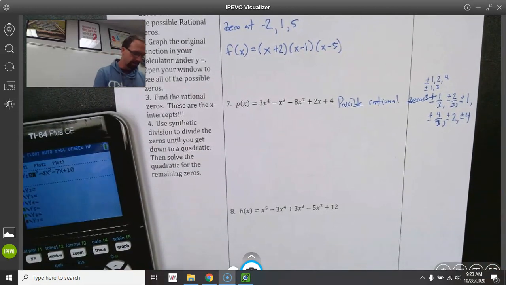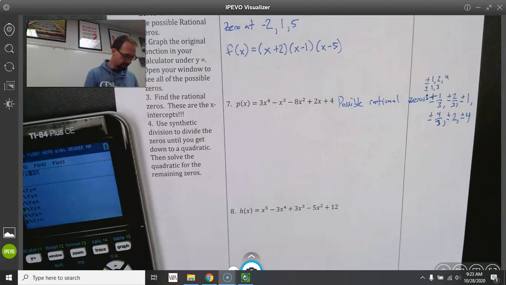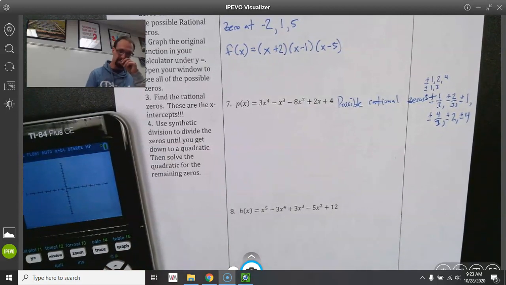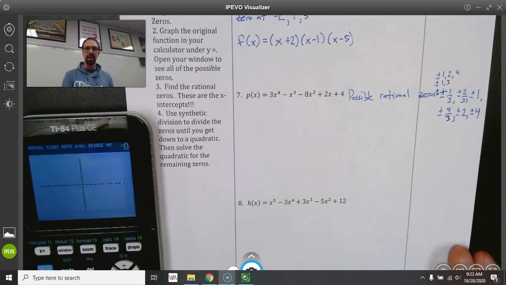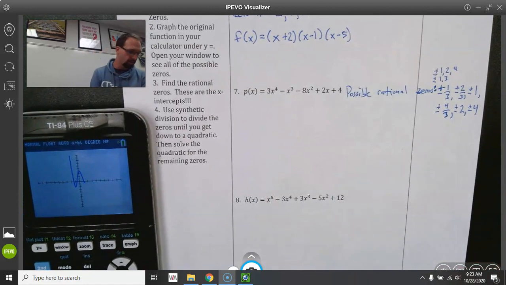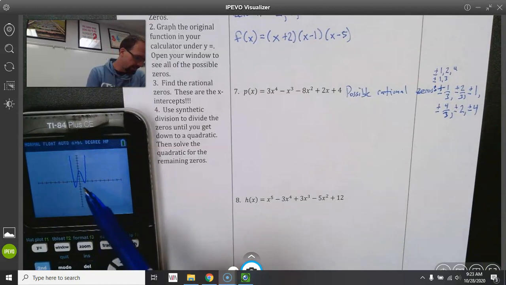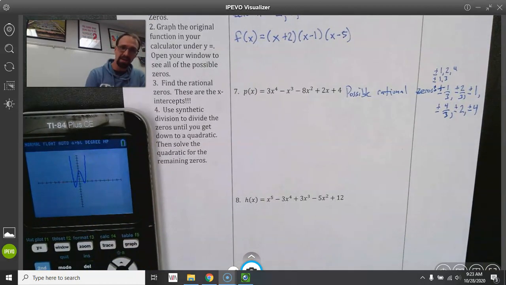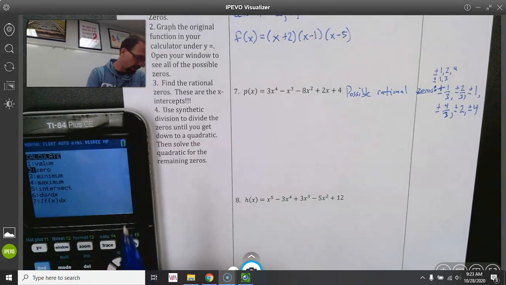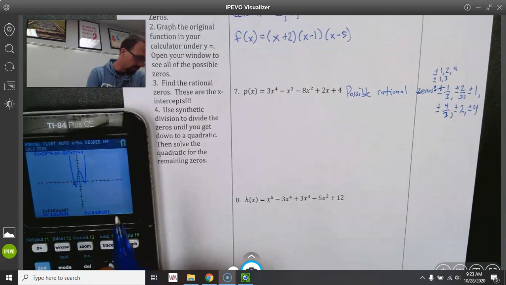Now when I graph this, I have 3x to the 4th minus x cubed minus 8x squared plus 2x plus 4. When I graph this, I should see it cross the x-axis 4 times. This is going to be a little bit interesting. I may not have all of my zeros, as there may be some irrational ones.